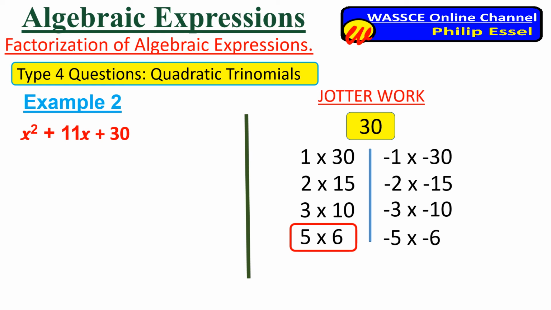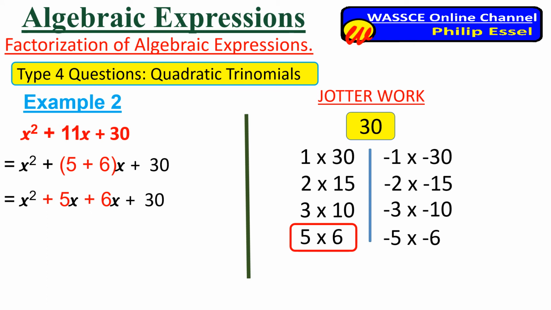So let's do this. When we do this, we would get x squared plus, then all into bracket 5 plus 6, then our x, that's the variable, then plus, then we bring our 30. Now this time we are going to remove our bracket through expansion, and when we do this, we would get x squared plus 5x plus 6x plus 30.